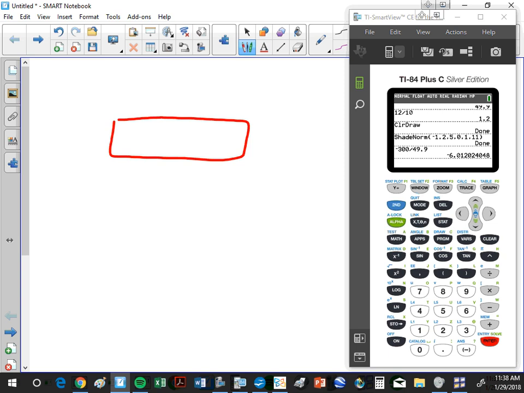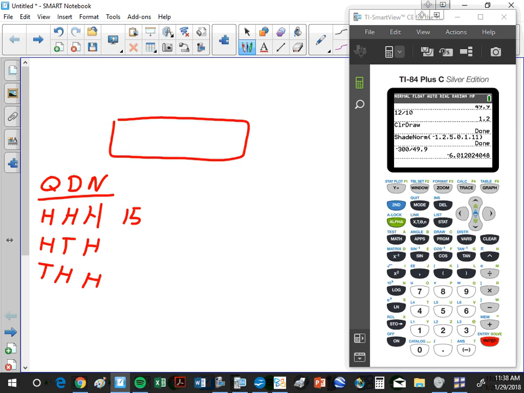What could happen? So, quarter, dime, nickel. Head, head, head, in which case you win $15. What else could happen? Head, tail, head; tail, head, head; head, head, tail. That takes care of all of the single tails.